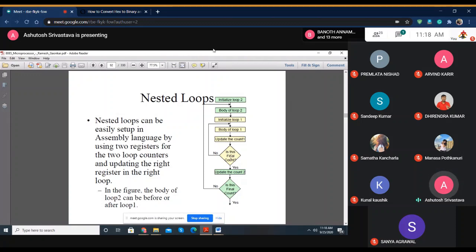If the final count is satisfied, then it goes further and updates the second count. Else it goes back to the loop, the inner loop, or loop 1.